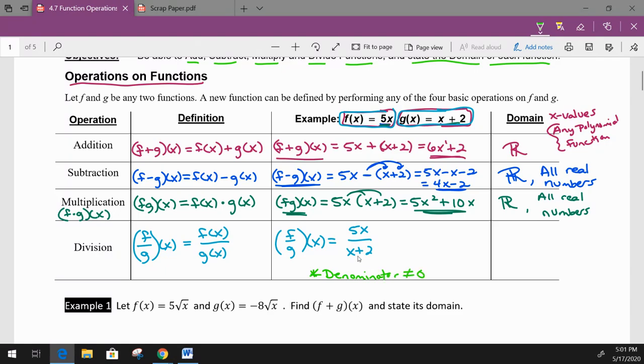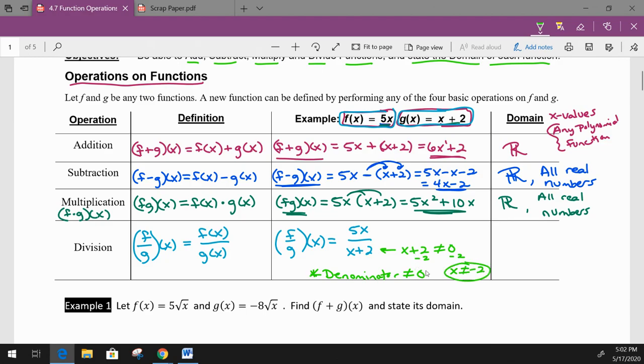So if you think about what you have in the denominator, x plus 2, it cannot equal 0. So what value of x then would make that denominator equal 0? The answer would be -2. So even if we just solve this kind of like an equation, we would get x cannot equal -2.